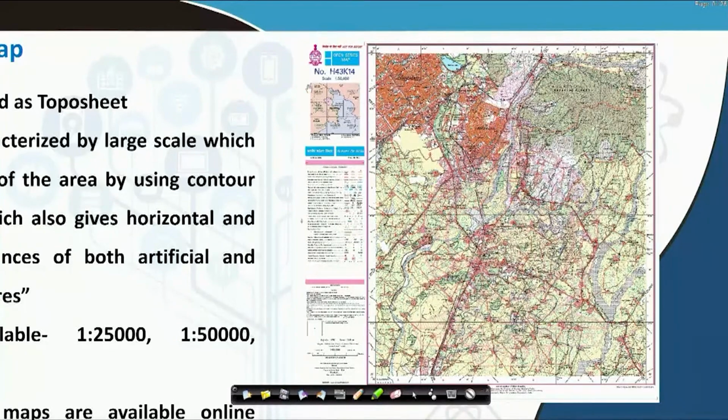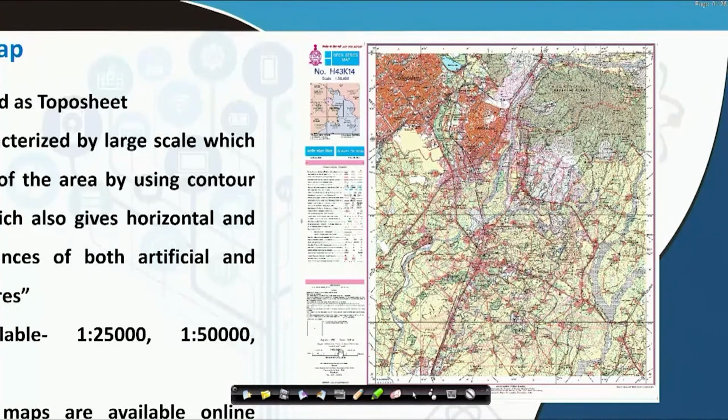If you zoom in more, you will be able to understand. It also gives you the map numbering system, which means if this is a particular map that I used here, the next map represents this part, and this map represents this part. So if you want just a neighboring region, you have to go to this particular map number to see it. It is 1:50,000 scale.